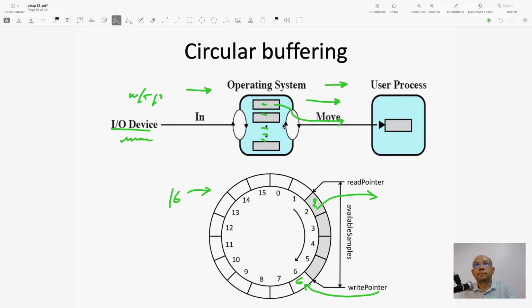Here in this is circular buffering. Circular buffering is implemented inside the keyboard and mouse, and when you send data from your computer to the printer or to the internet, a lot of applications in the computer system use circular buffering.